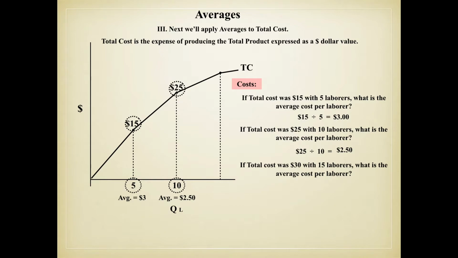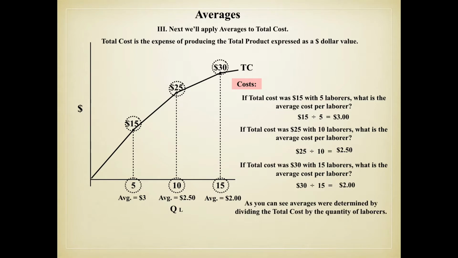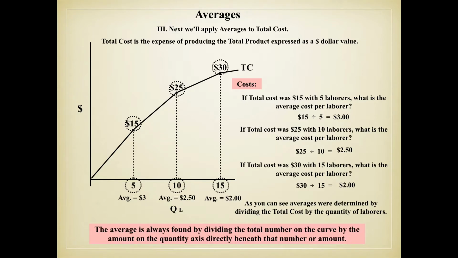If total cost was $30 with 15 laborers, what is the average cost per laborer? 30 divided by 15 equals $2. As you can see, averages were determined by dividing the total cost by the quantity of laborers. The average is always found by dividing the total number on the curve by the amount on the quantity axis directly beneath that number or amount.